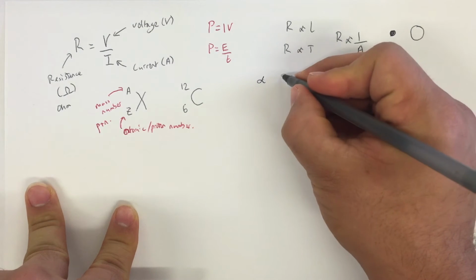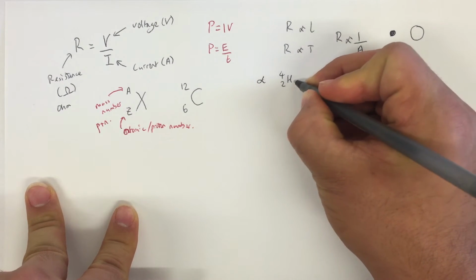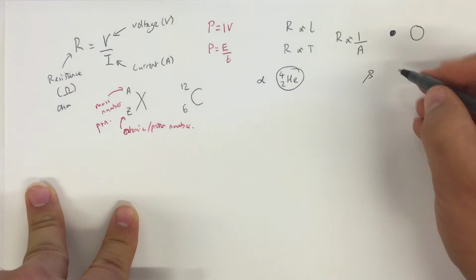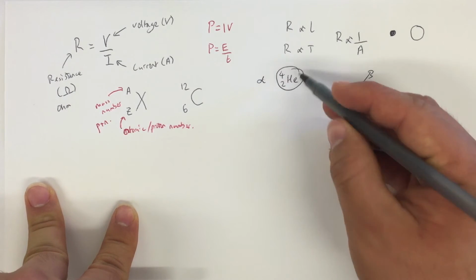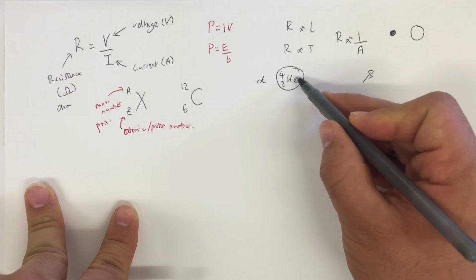Now alpha, remember, is a helium nucleus. That's what an alpha particle is. And so what happens in alpha decay is the nucleus is unstable and it ejects an alpha particle.